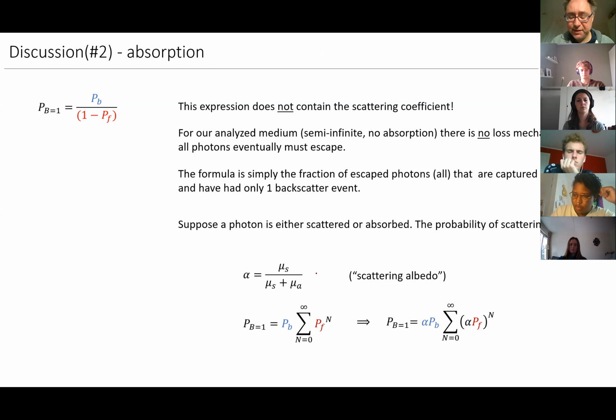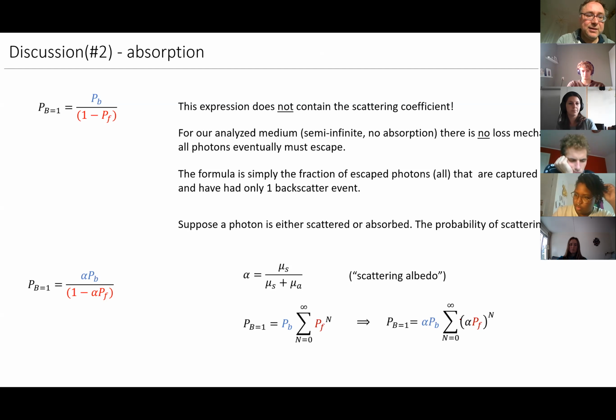Because the signal describes the scattering contribution, we can just weight the forward scattering probability and the backscatter probability by including this alpha factor, and then calculate in the same way a new expression. What has changed is that in the case where we had no absorption, the result did not depend on the scattering coefficient. That dropped out, so it depended only on the PB and PF factors.